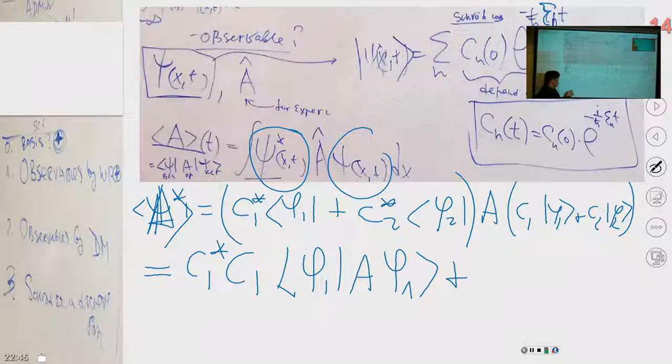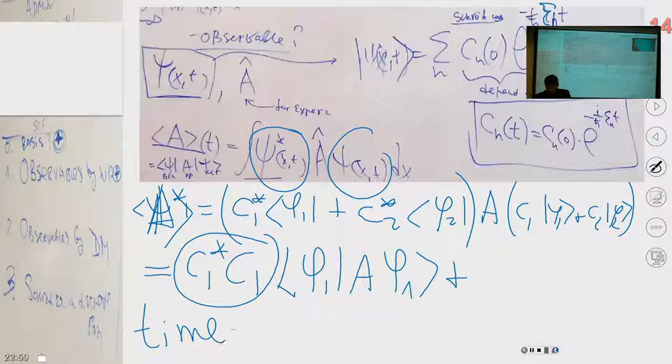But the time dependence, everything that changes with time, will be hidden in this product of expansion coefficients, right? And everything related to integration and finding the matrix will be hidden in the second term.